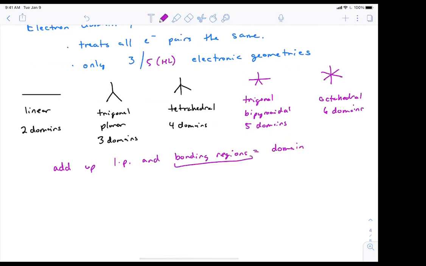A bonding region can be a single bond, a double bond, or a triple bond. That's all equal to 1 region. So it doesn't matter how many bonds there are, it is 1 region. A single, double, or triple bond is 1 region for all intents and purposes.